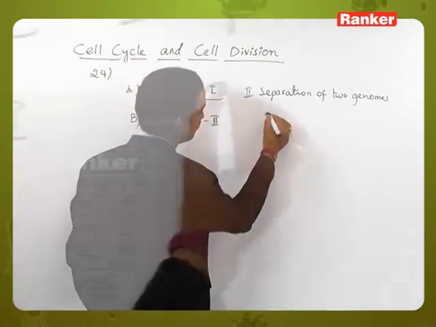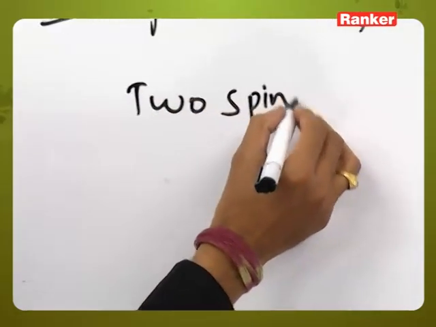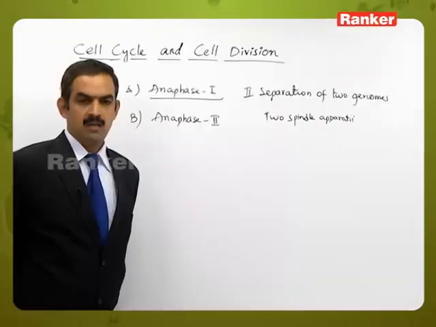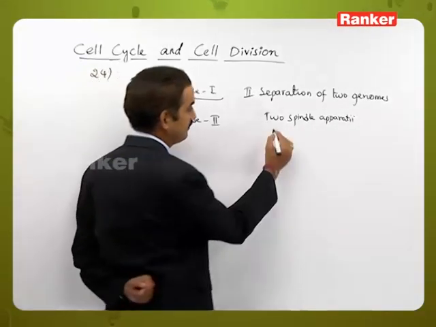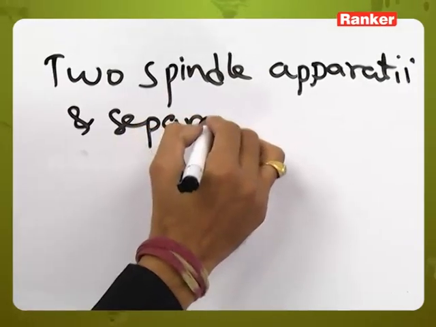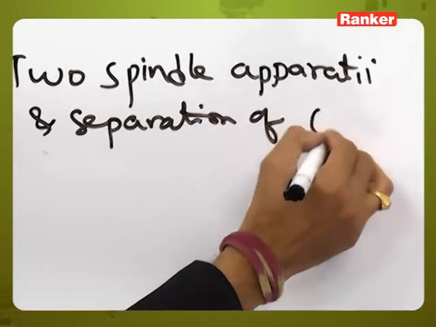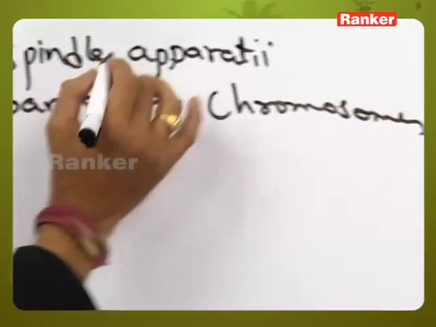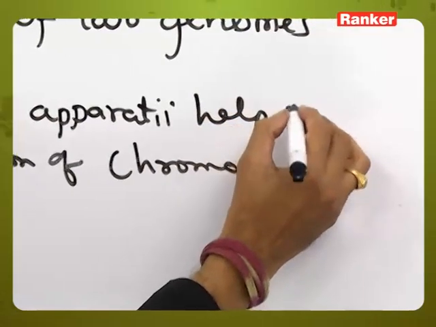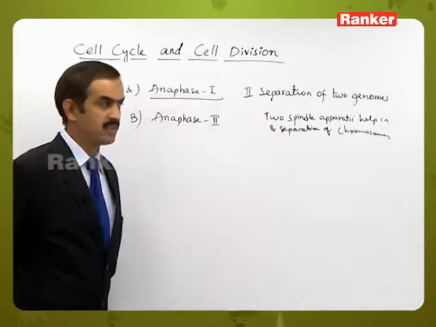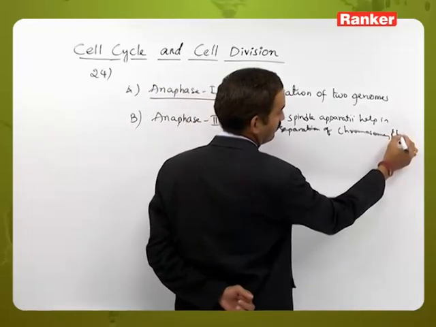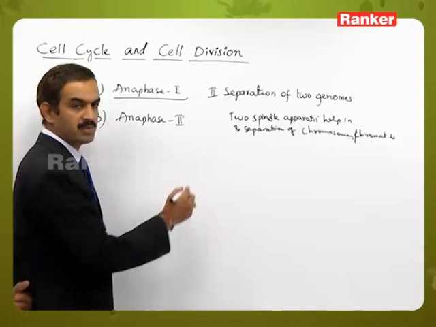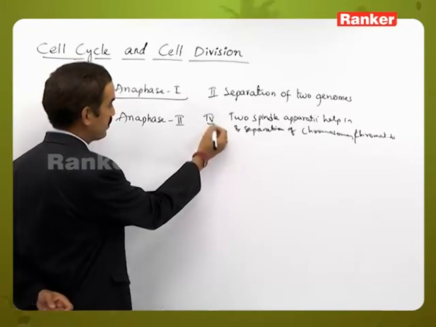So here two spindle apparatus will be formed, and with the help of two spindle apparatus, separation of the chromatids will be taking place. So from the given options, option 4 is the correct one.